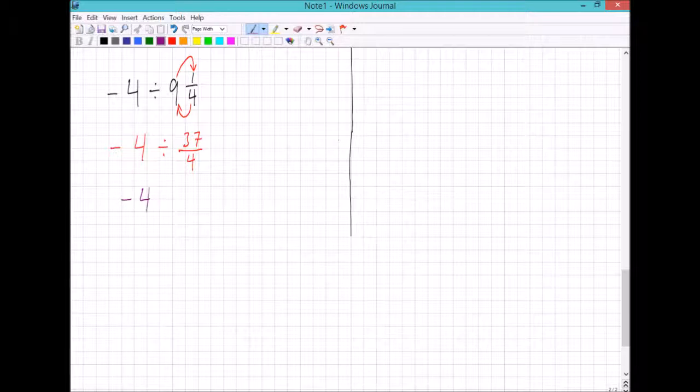So now we have negative 4 times 4 over 37. This case is a negative number times a positive number. Since we have different signs, you will have a negative output. They have nothing in common, so I can't really simplify anything. But I can do negative 4 times 4, which gives me 16. So I have negative 16 divided by 37.